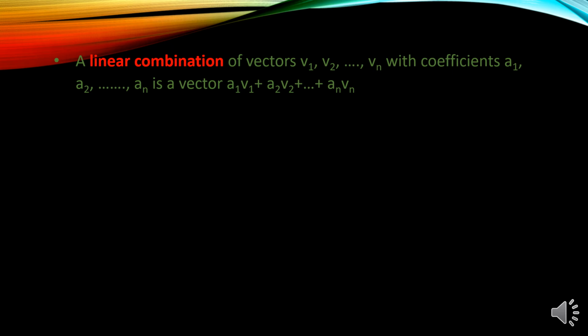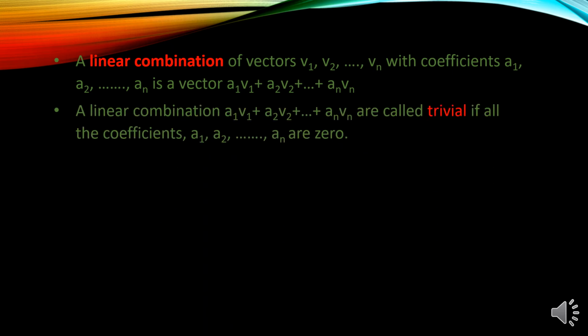Now there's something important about the coefficients when you form the linear combination a1 v1 plus a2 v2 plus, until you come to the last term, an times vn.